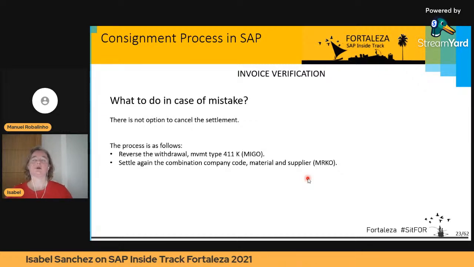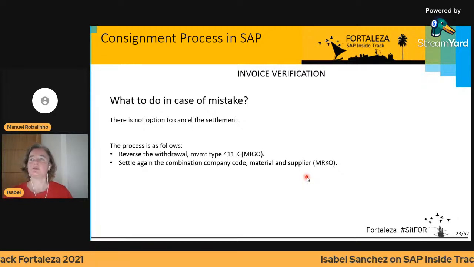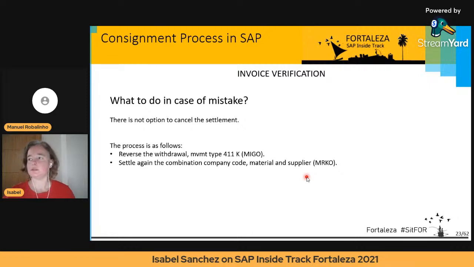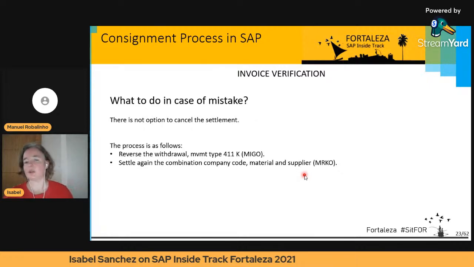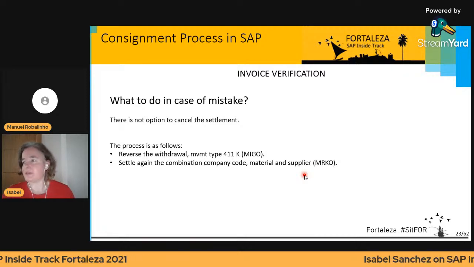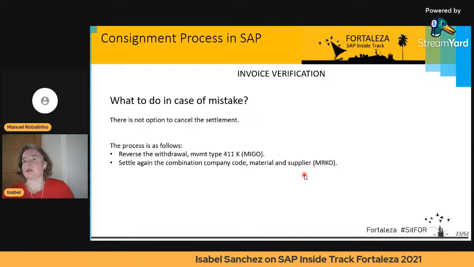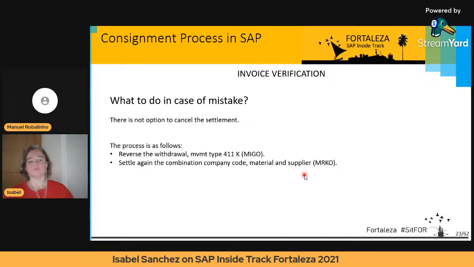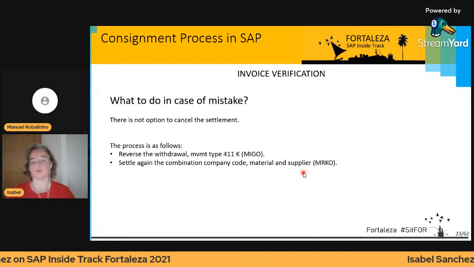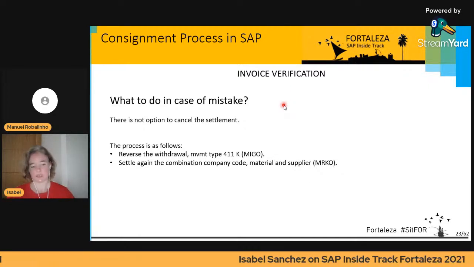This is the option. Imagine that the conditions are incorrect, or the number of items is incorrect, or you agree on other terms, or many circumstances can happen. So this is the way to proceed in case of a mistake.